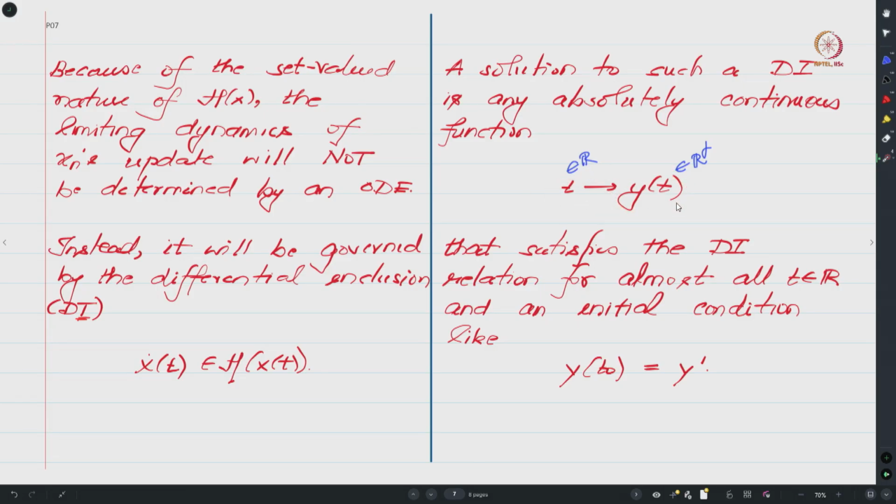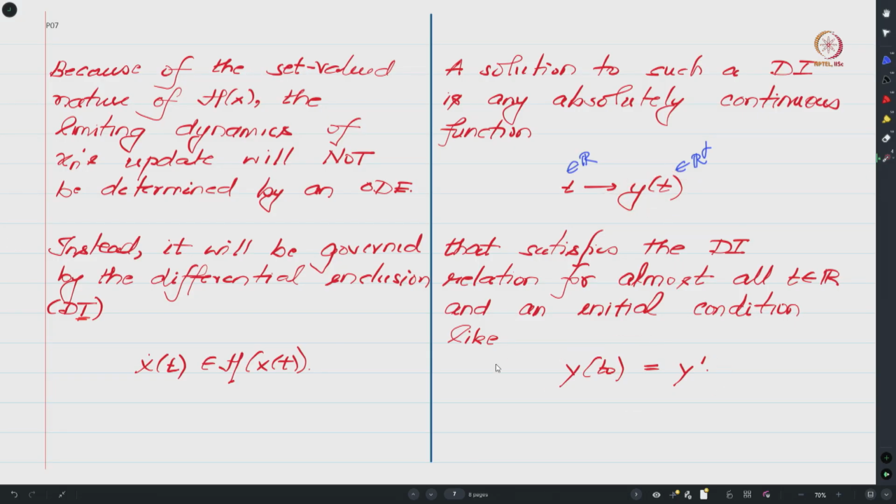and you have a map like this, and we require that this mapping be absolutely continuous. For almost all t in R, because this is absolutely continuous, one can guarantee that its derivative exists for almost all t in R, and this derivative should satisfy the relation that we gave over here, and in addition, y of t should satisfy some initial condition of this form.